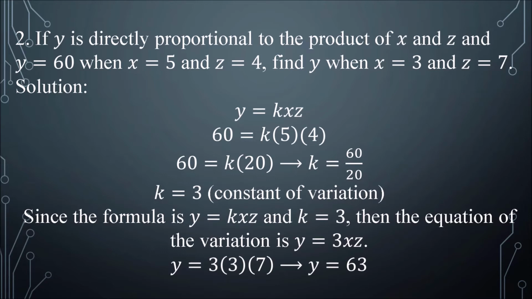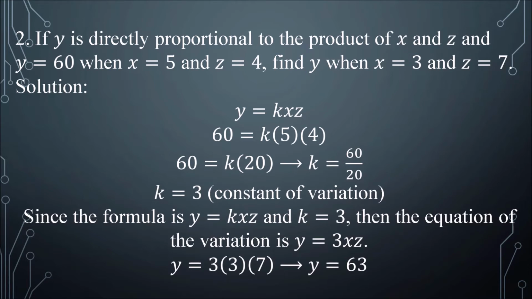Now, we will substitute this 3 to k in our formula. So, it will become y is equal to 3xz. And this will be the equation of the variation. Now, we will use this to solve the problem. So, find y when x is equal to 3 and z is equal to 7.